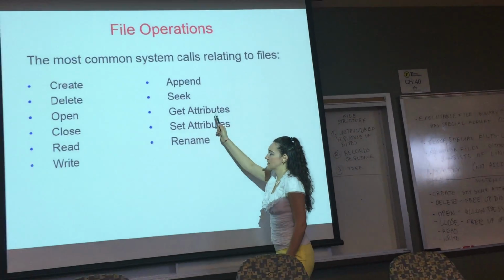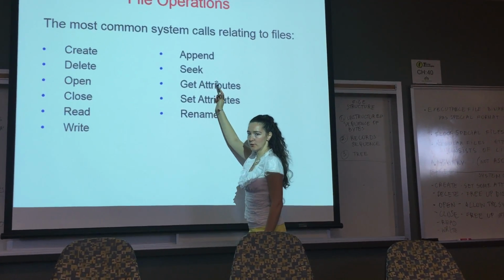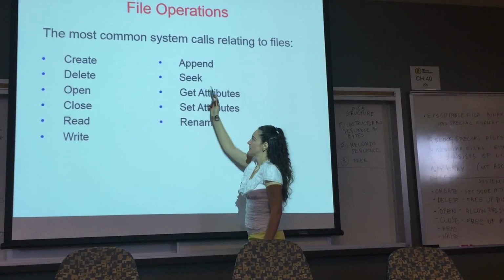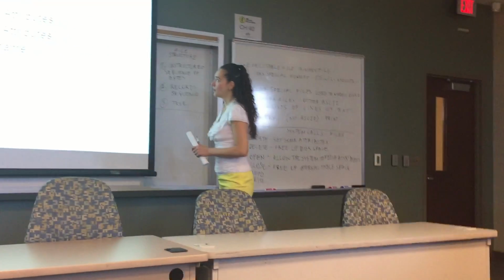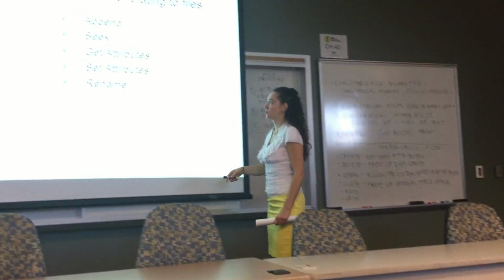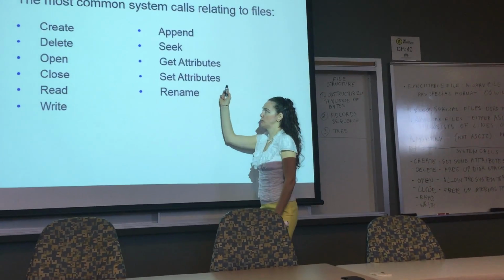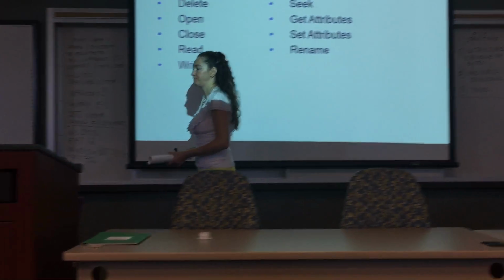And seek is a system call which allows us to look for a particular position inside the file. Other operations we might want to do with the file is just read its attributes or change any of the attributes and to rename the file.